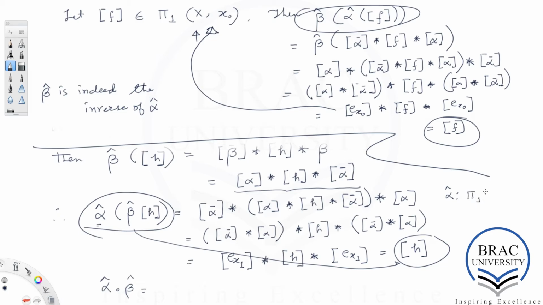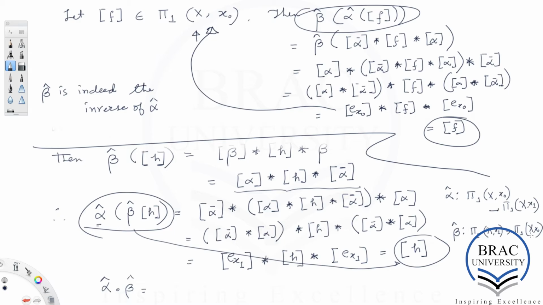Alpha hat is a map from pi 1 X comma x0 to pi 1 X comma x1, and beta hat is the map from pi 1 X comma x1 to pi 1 X comma x0.